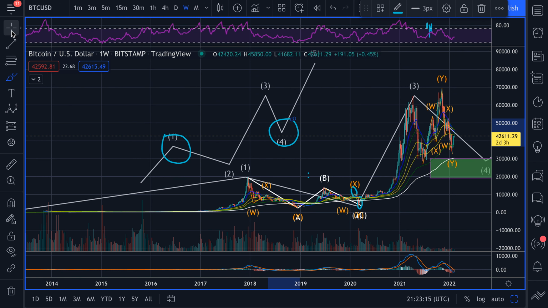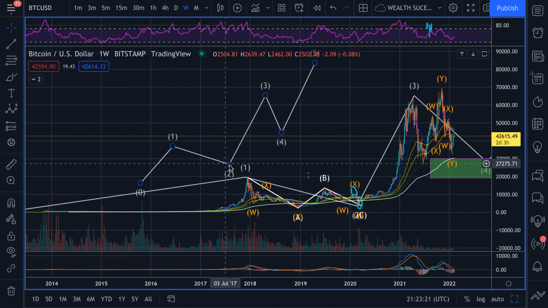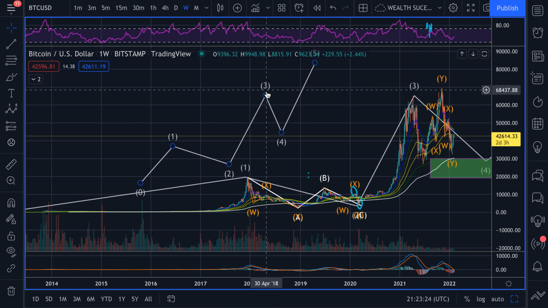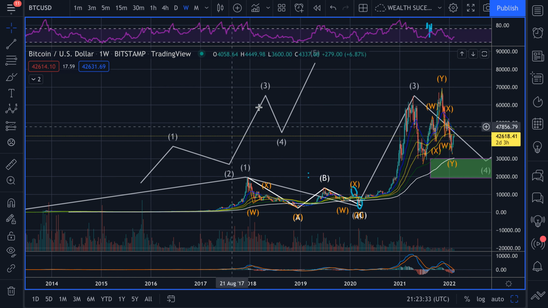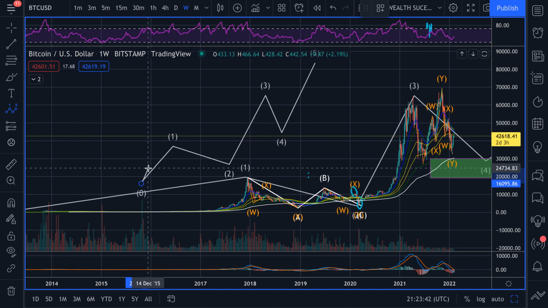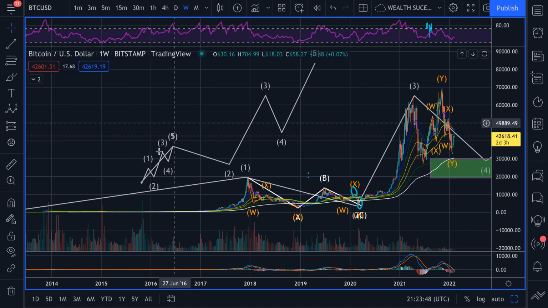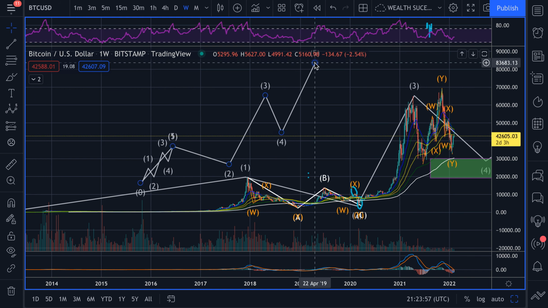But the reason I made this one right here, wave 2 is long as far as the time frame, and wave 4 is short and deep, because usually they alternate. Every bull market has 2 big corrections. Also, every wave has subwaves. The subwaves of a 5-wave impulse are 5, 3, 5, 3, 5, usually.